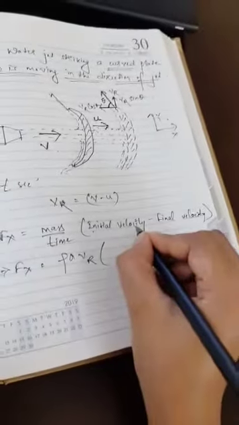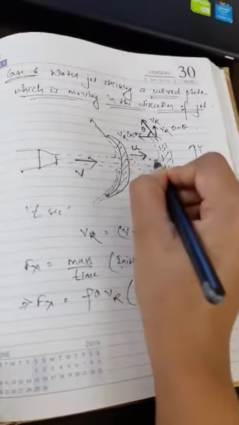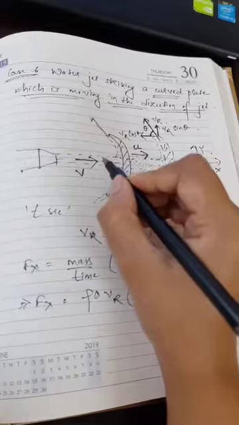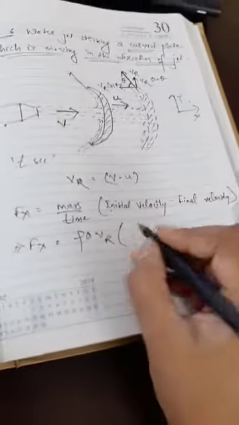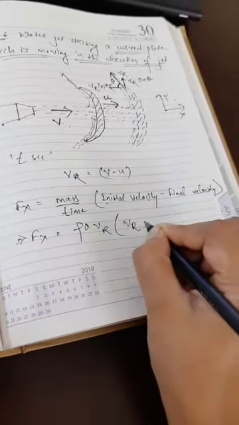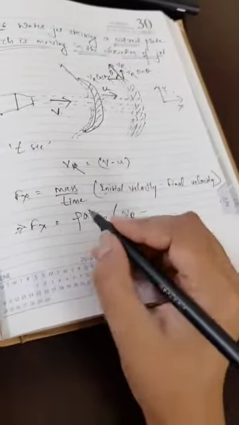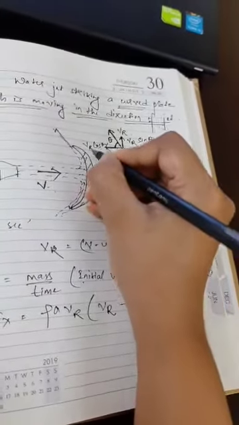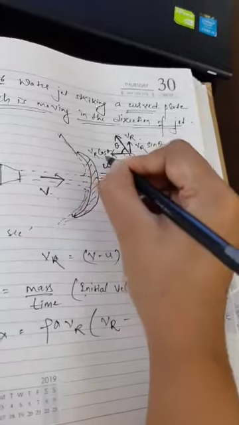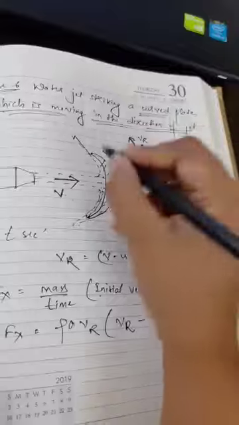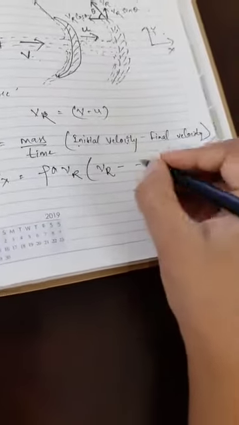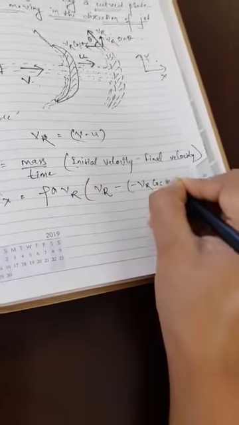What is the initial velocity? Before striking the plate, the initial velocity is not just v, not just u, but the relative velocity vr. And the final velocity, as this is x, in x direction is vr cos theta, but I can see this is in negative direction, so there will be one minus sign extra, minus vr cos theta.